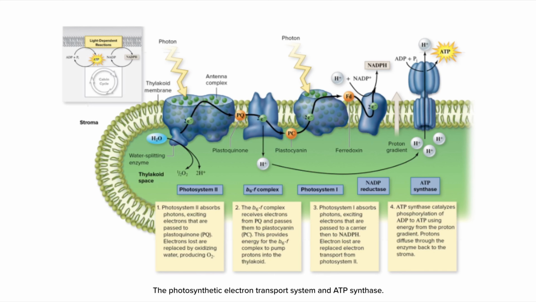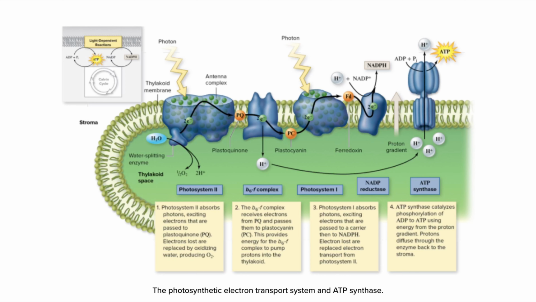And for every pair of electrons that is obtained from this water molecule at the beginning of the process, one NADPH and an ATP molecule are produced. And so right here, when it's absorbing those two photons from the sun, it's getting passed to PQ right here.